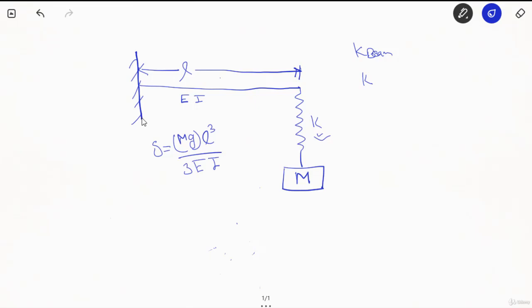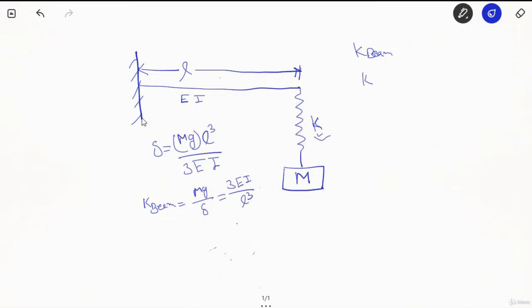Now, this stiffness, as I explained earlier, K beam is equal to mg by delta, which is load upon deflection. It represents 3EI divided by L cube. The other stiffness involved in the system is this K, right?